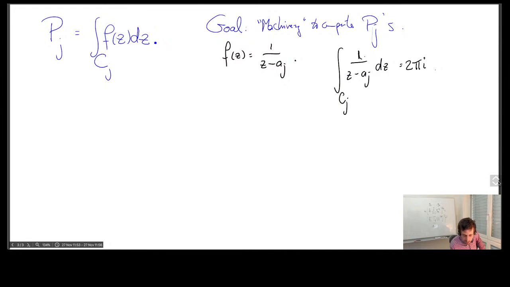And so let's define the residue, motivated by this, as the period over 2 pi i, because I want the residue of this 1 over z minus aj to be 1.